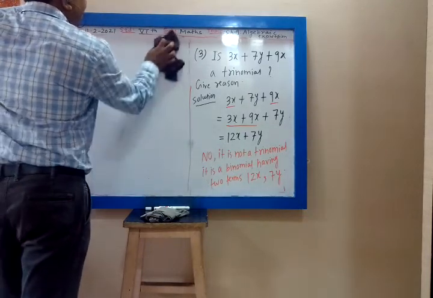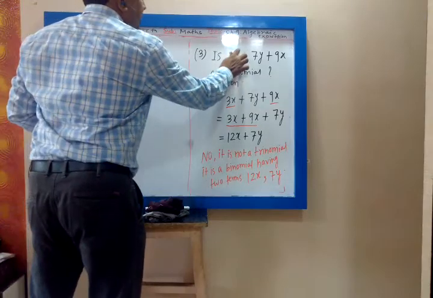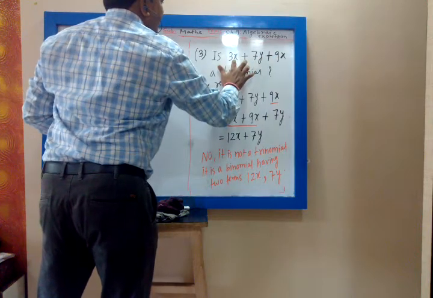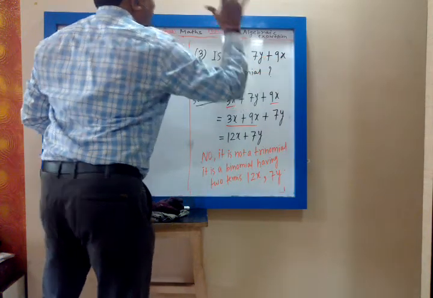What is the power of x? 1. So whenever they have the same power and same variable, I can add. 3x plus 9x I can add.